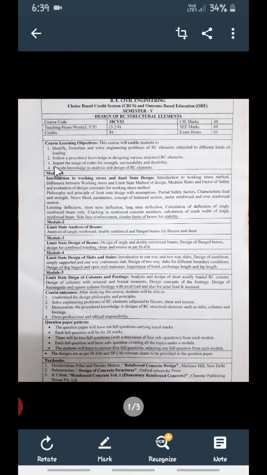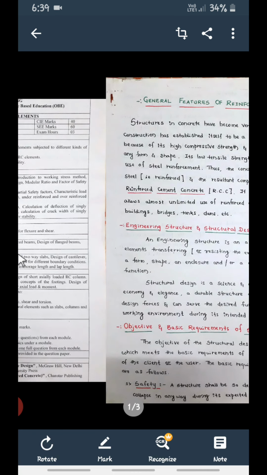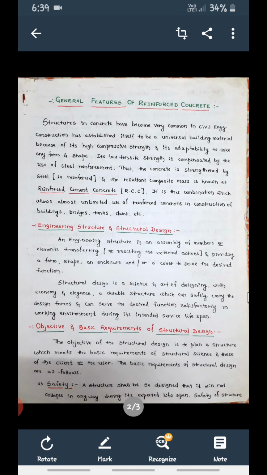Now next, if you see the first module, that is introduction to working stress and limit state design. Before going into working stress and limit state, first you should know what you mean by structure, how we are going to define a structure.